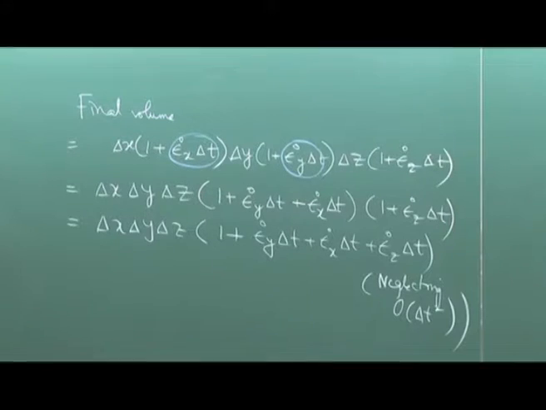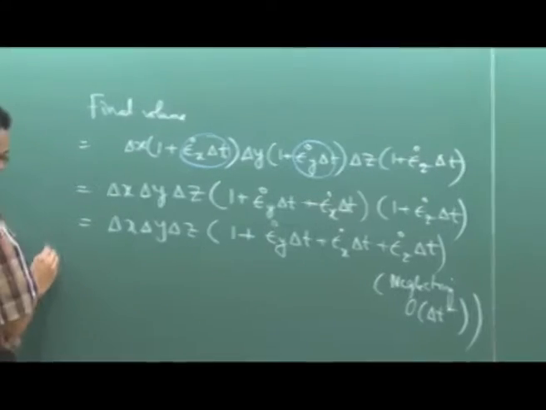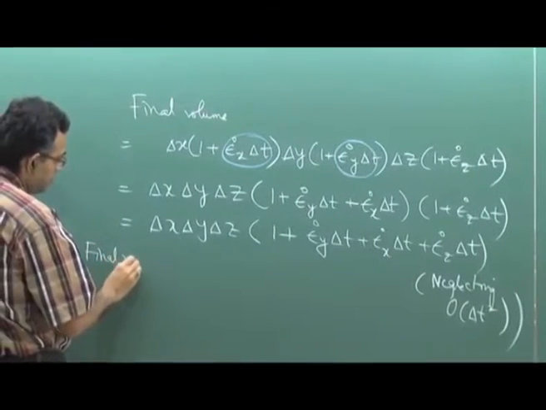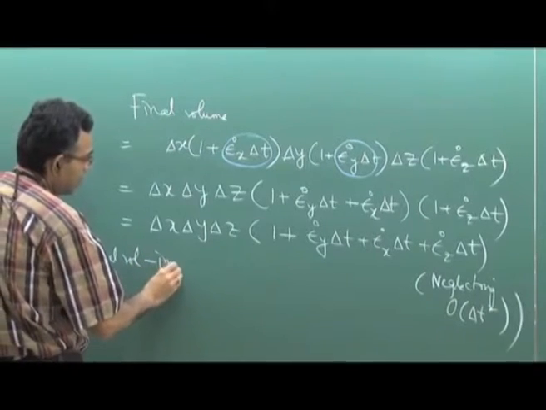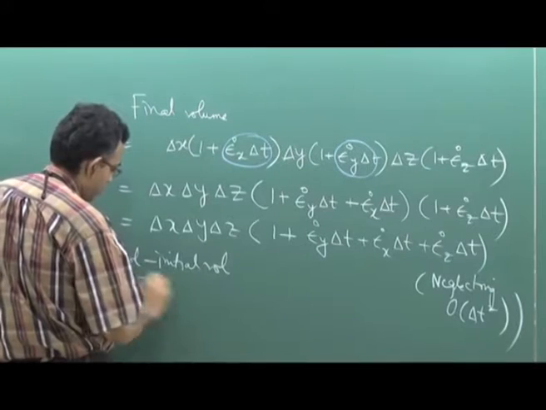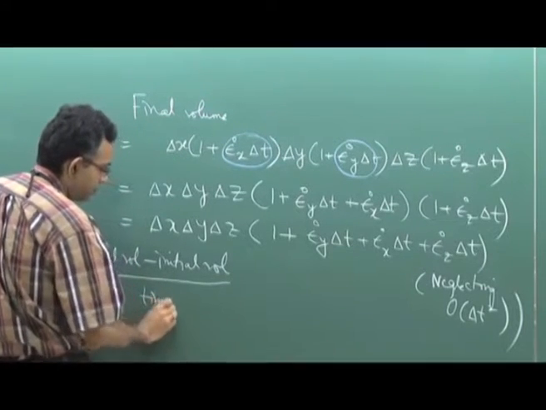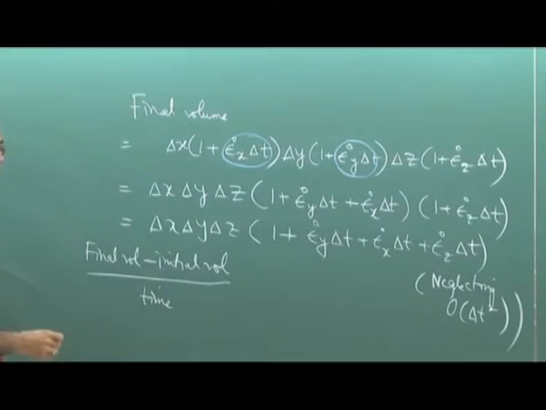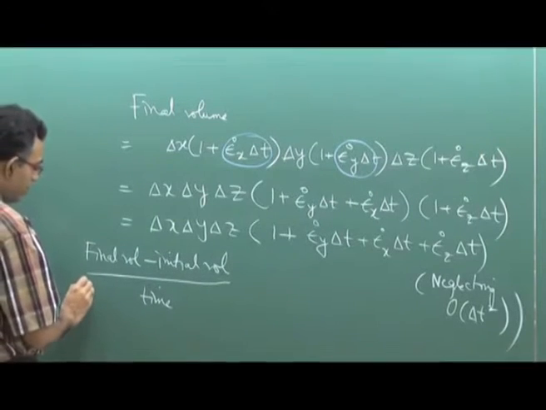So, final volume minus initial volume by time divided by initial volume.